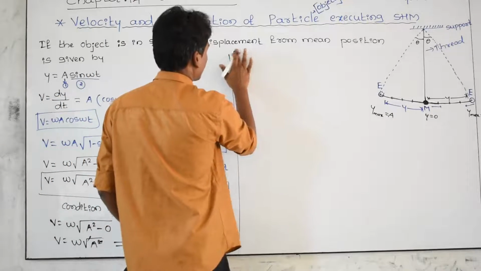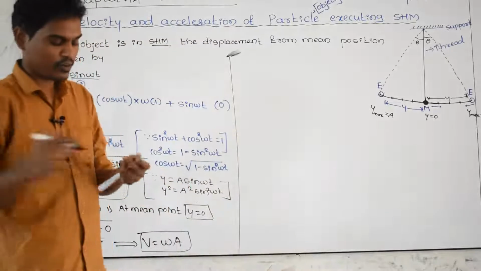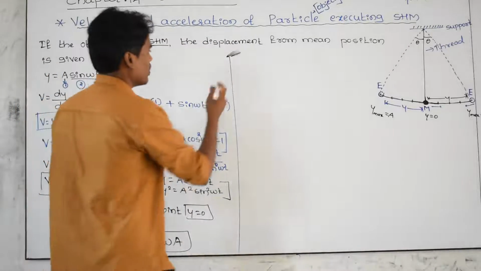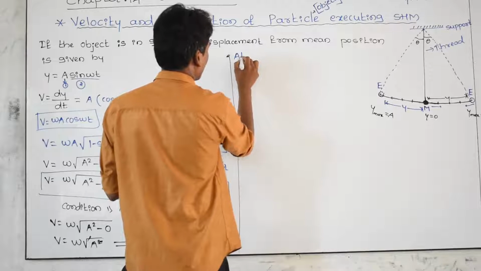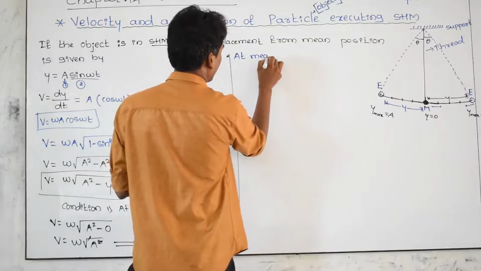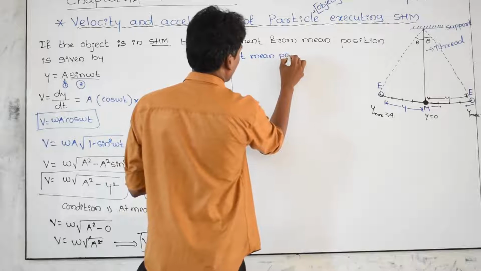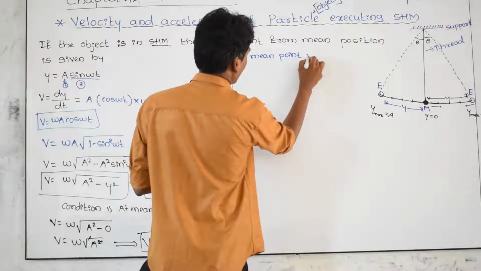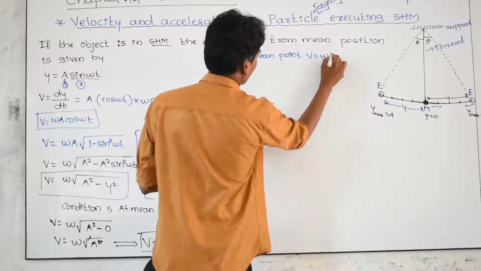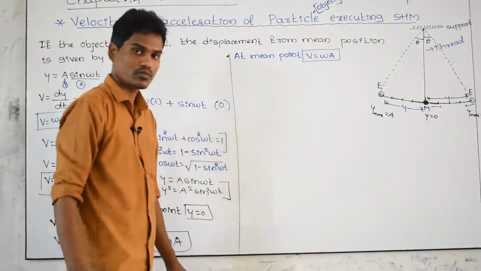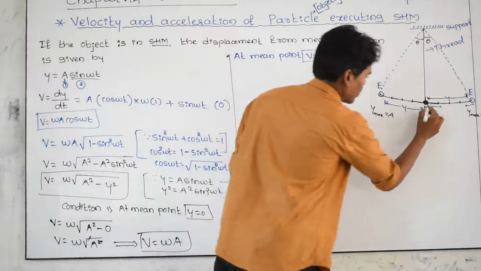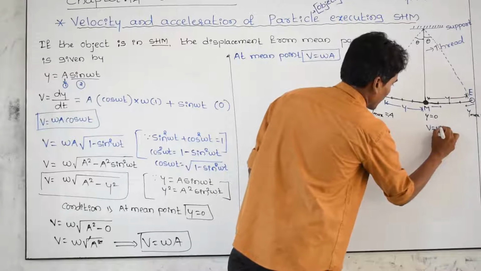Therefore, at the mean point, what is the velocity? Velocity is equal to omega into A. This does not become 0.